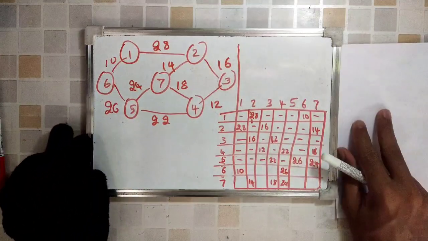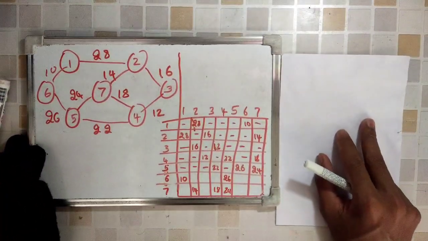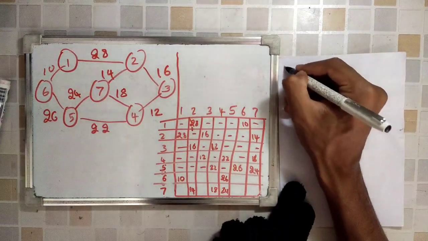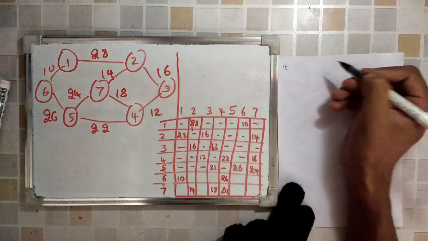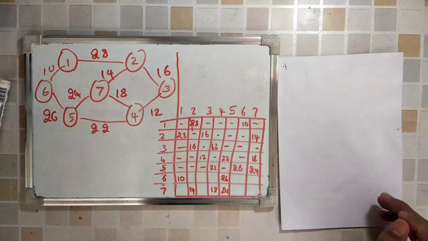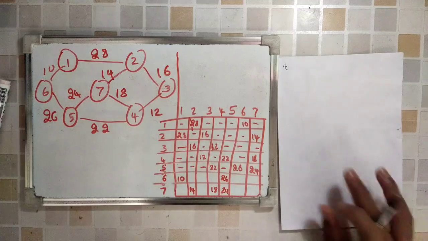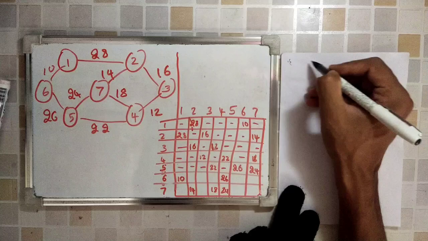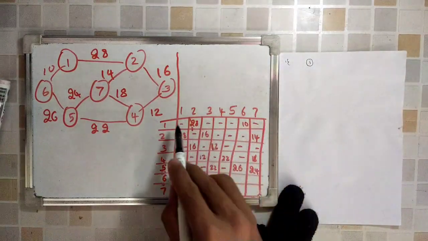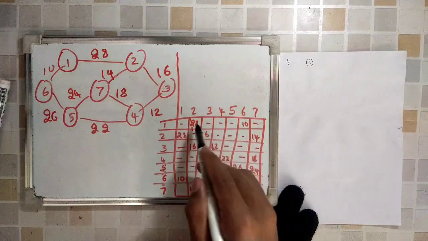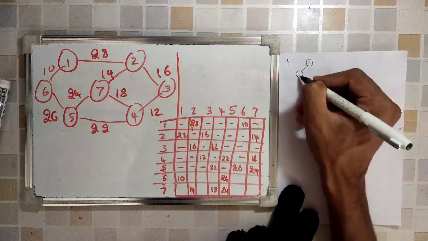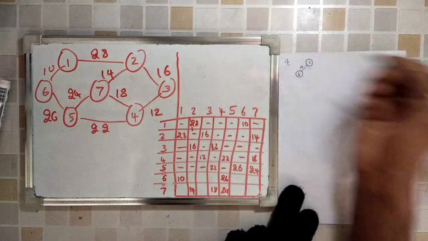Step 1, from node 1, whatever paths are there, I compare which is the minimum one. For 6, I have only 2 paths, and the 6th one is the lesser one. So Prim's algorithm first selects 1 to 6, that is 10.